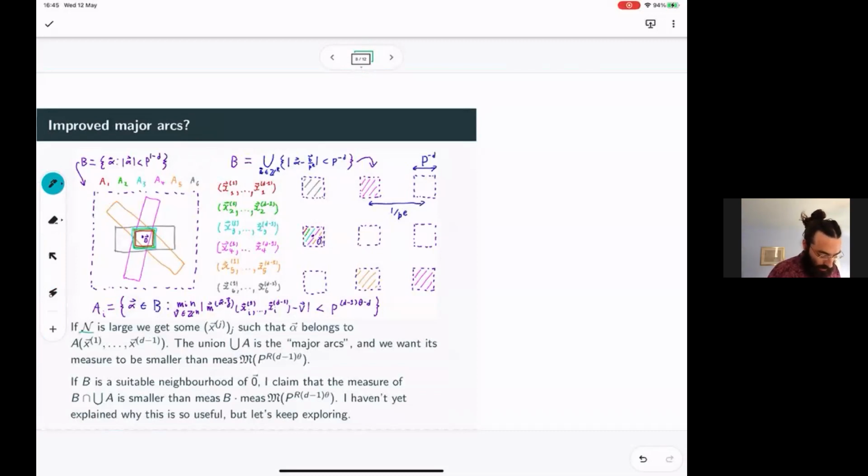We have our set of solutions n to our Diophantine inequalities, and we have our set A, which is the set of alphas which satisfy this inequality for some integer vector v. So this is our major arc corresponding to this solution to the Diophantine inequalities.